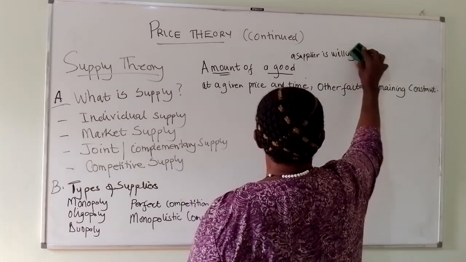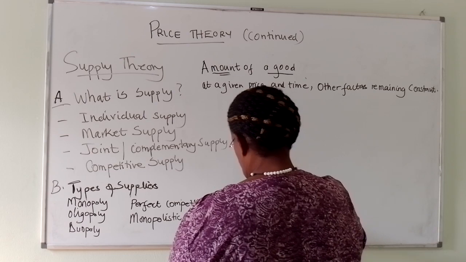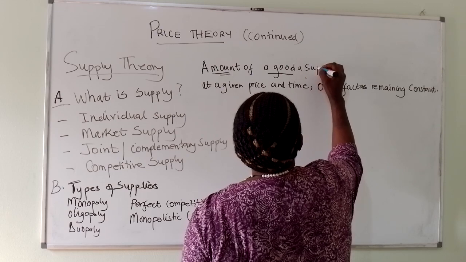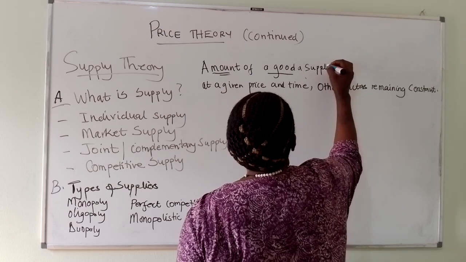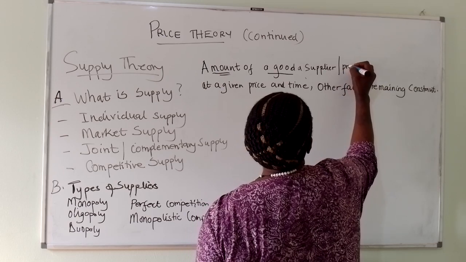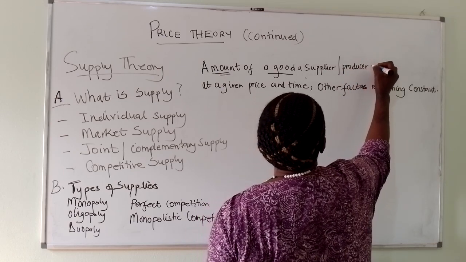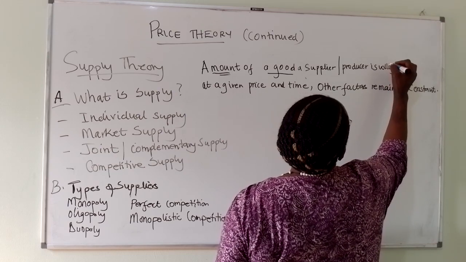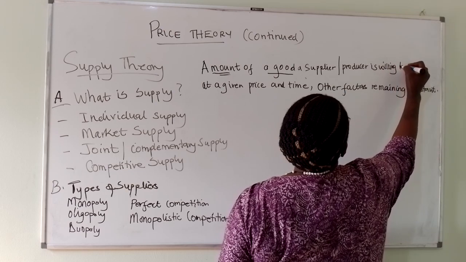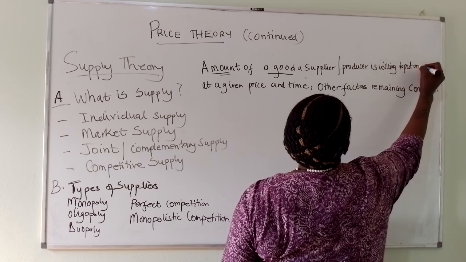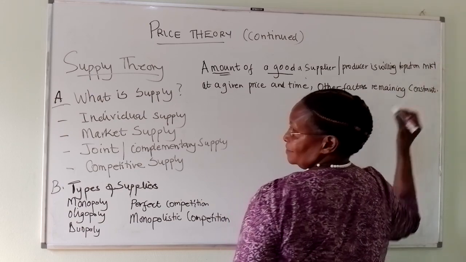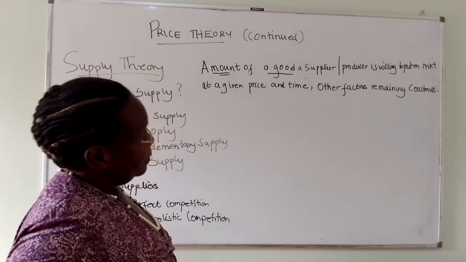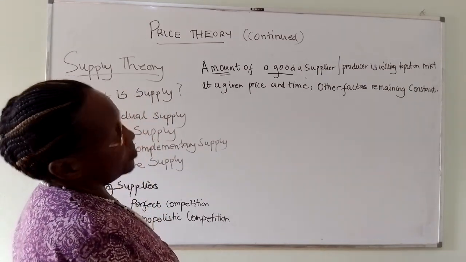Amount of a good a producer is willing to put on market at a given price and time, other factors remaining constant.